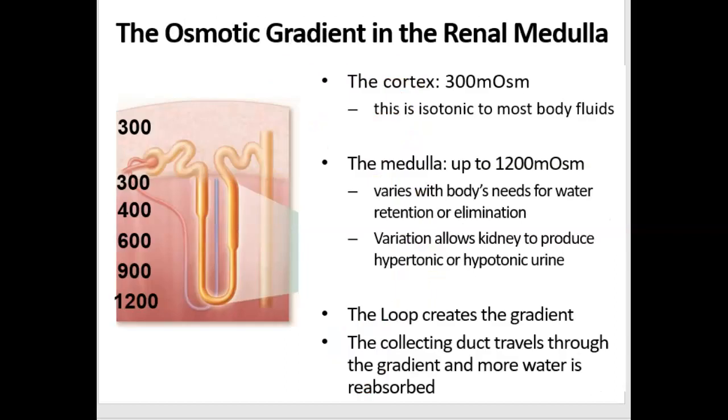So this loop, because of its selective permeability and the fact that the fluid is moving in opposite directions, creates an osmotic gradient in the renal medulla. So notice in this diagram, the cortex of the renal medulla has an osmolarity of 300. This is the cortex.